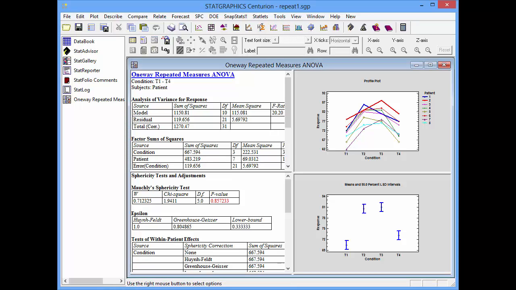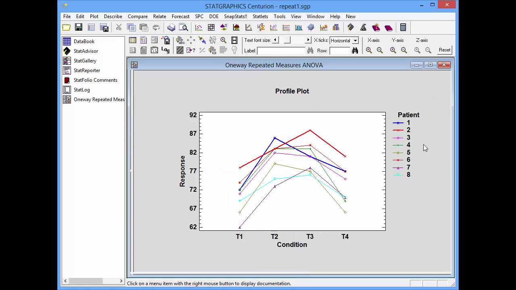The first pane I'd like to look at is the profile plot in the upper right. This shows the heart rates at the 4 time periods for each of the 8 patients. You can see that in general, the heart rate followed the same basic pattern for each patient.